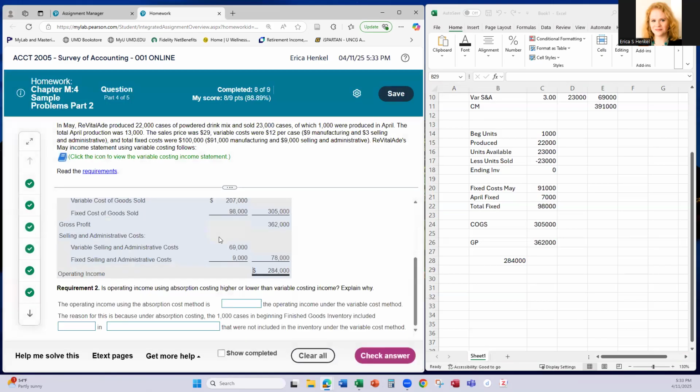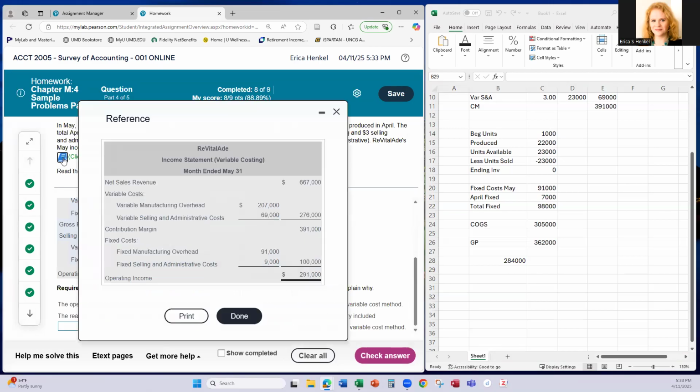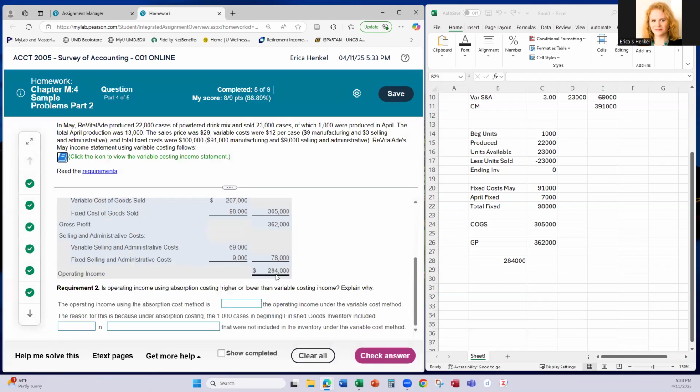Okay, so the operating income method here, so here we have the variable costing method had income of 291,000, and here we only have 284,000, which is less than the operating income under the variable method.